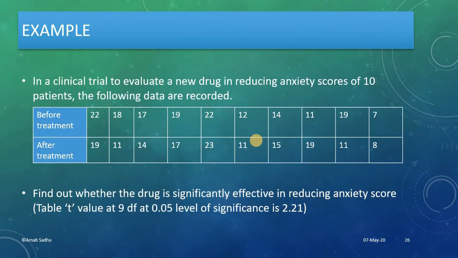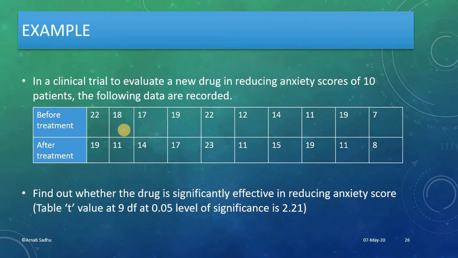So here we are taking another biological example, that a new drug is reducing the anxiety score of 10 patients. So we are in a clinical trial to test whether the drug is significantly reducing the anxiety score or not.